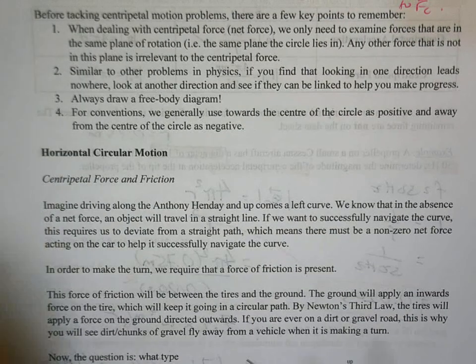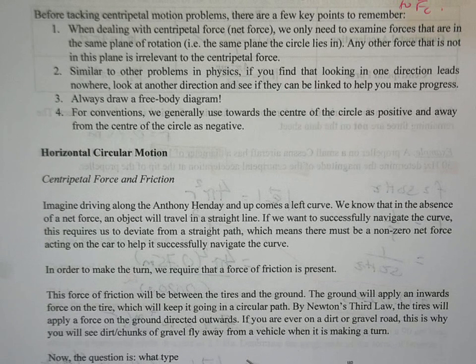Now, you may find, and this is similar to other problems we've done in kinematics and dynamics, if you're looking at one direction and you find you're reaching a dead end, go to another direction instead. You may find it more helpful, and then link the two directions together. Always draw your free body diagrams, very important when we're dealing with force stuff.